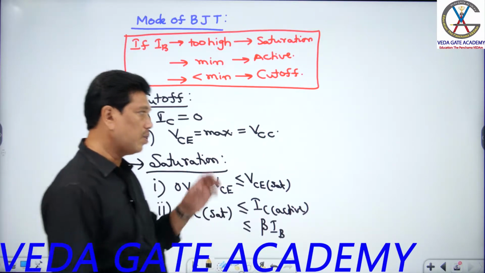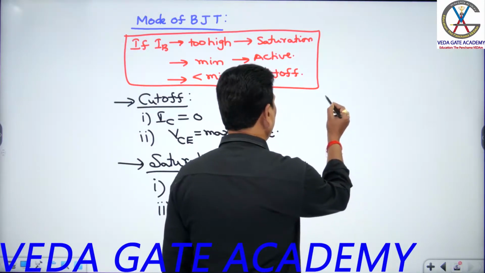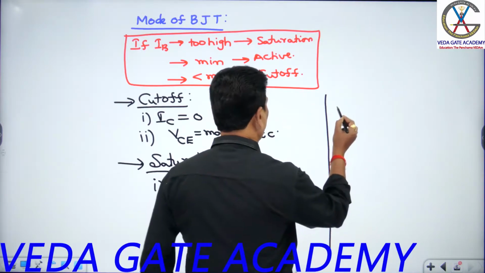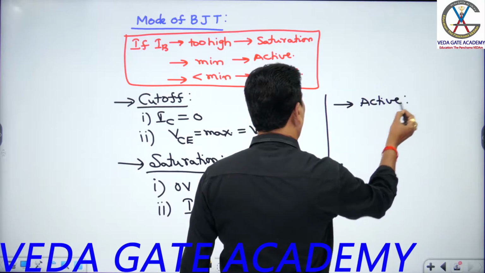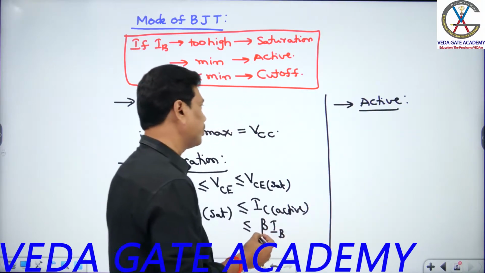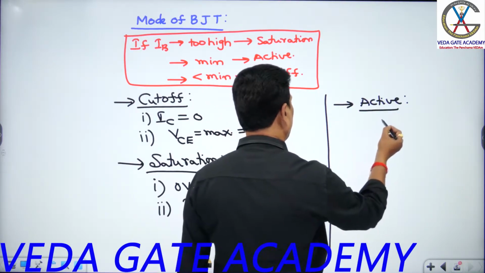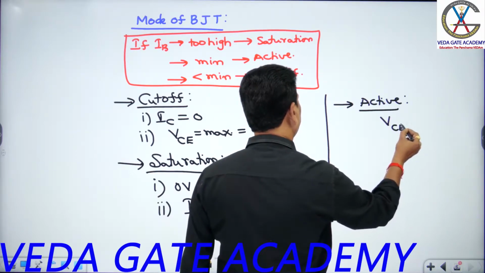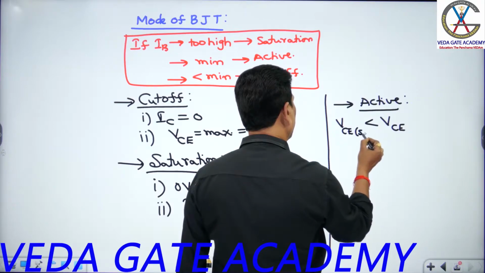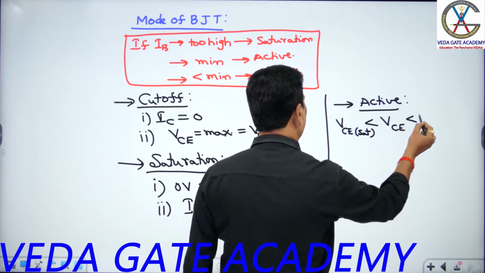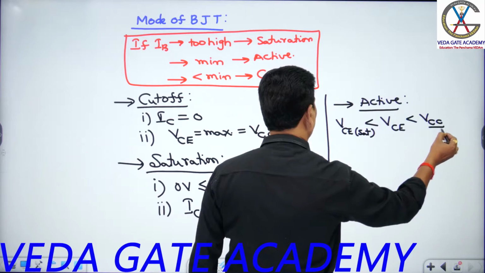Okay. So now the next operating mode of the BJT, what is it called? Active mode, students. In the active mode condition, VCE is greater than VCE saturation, students, and commonly less than VCC by 2.